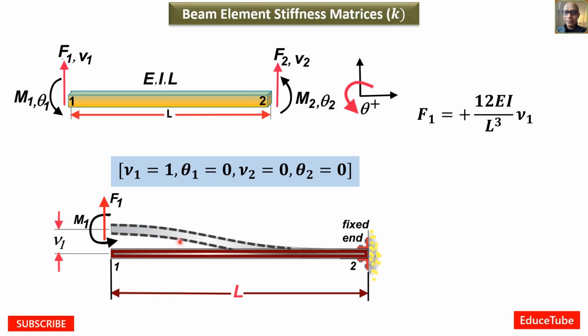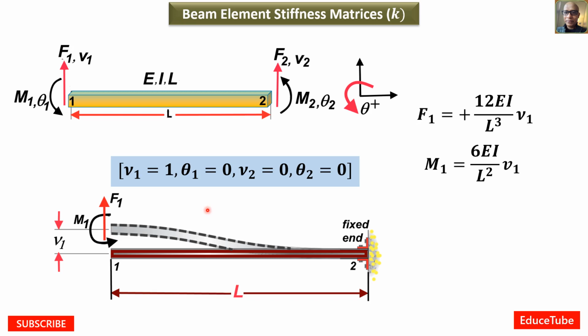So the moment can be related to the displacement, this nu1. I put here 1; this nu1 value is equal to 1, assume. That's why the moment will be related to the displacement nu1. And we can check it by using the conjugate beam method.